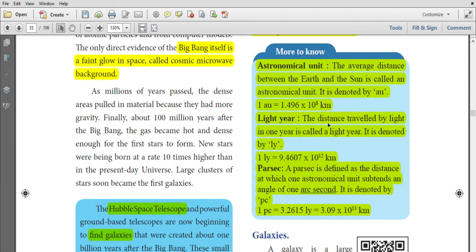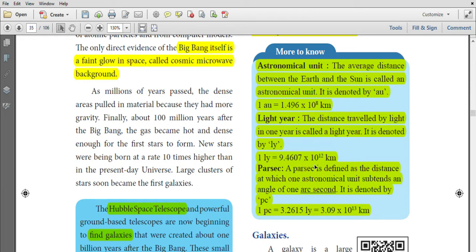What is a light year? The distance travelled by light in 1 year is called a light year. It is denoted by Ly. 1 light year is equal to 9.4607 x 10^12 kilometers. What is a parsec?